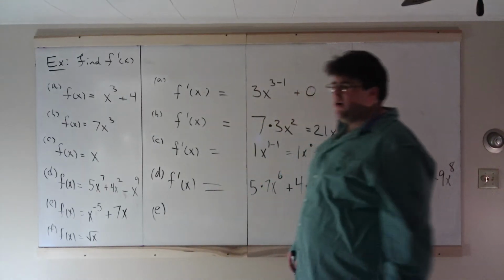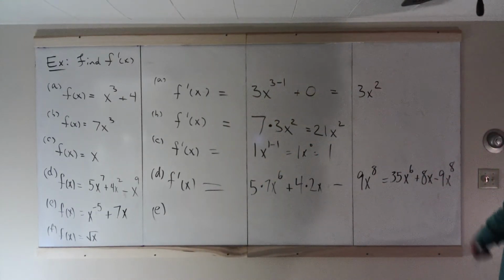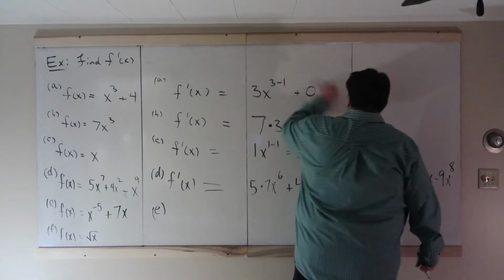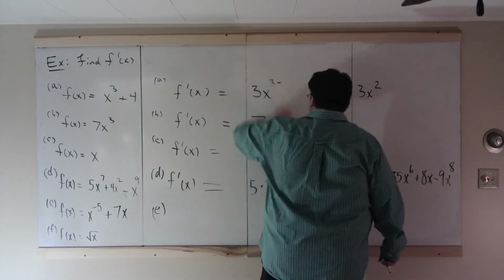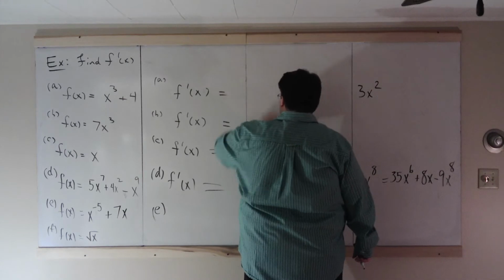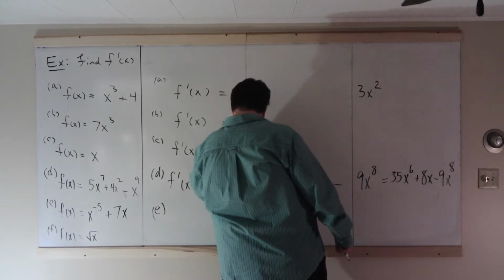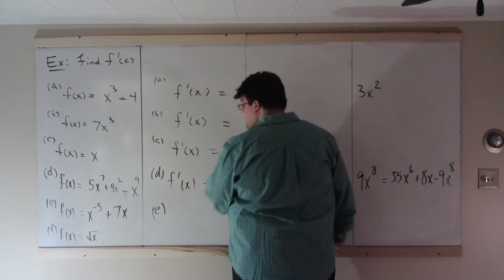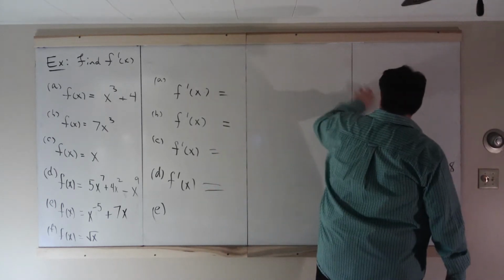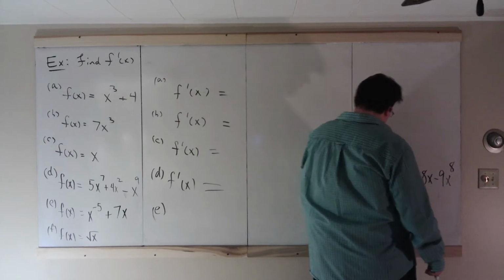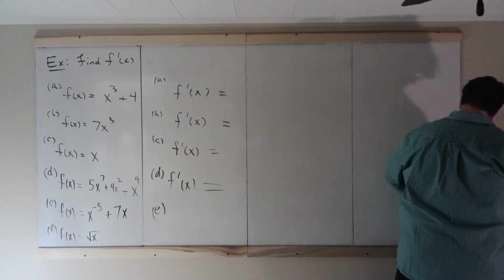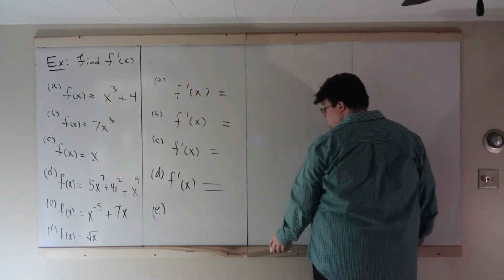Part E. How do we do part E? Well, again, we have 2 things added together. How do we deal with 2 things added together? Well, we deal with them one at a time by rule 4. The first thing we have is x to the negative 5. Well, again, that is x to a number. X to a number.